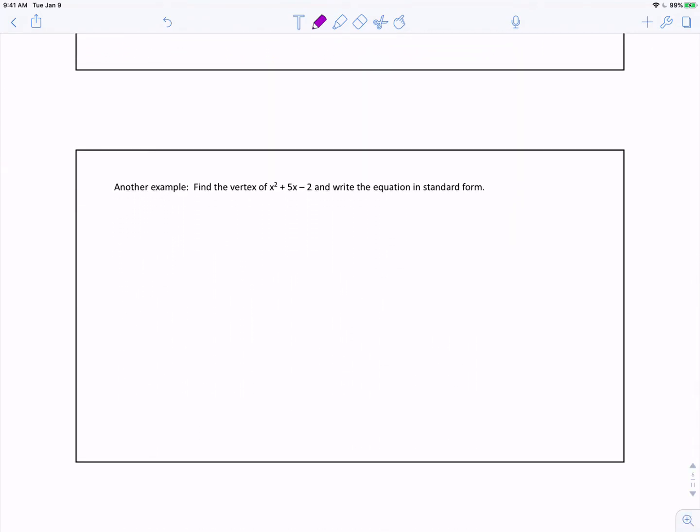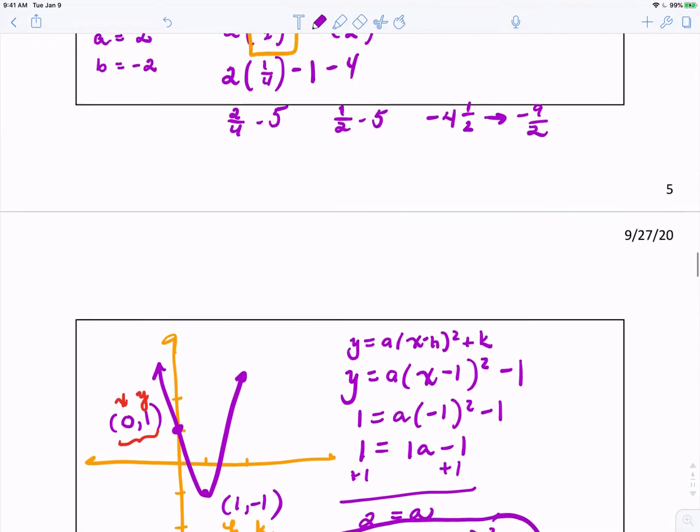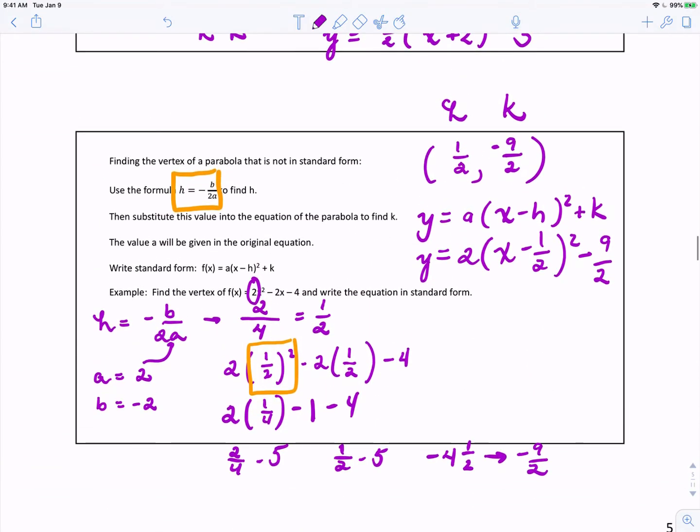Let's do one more example like that. Okay, so let's find the vertex of x squared plus 5x minus 2 and write the equation in standard form. So remember, standard form is y is equal to a times x minus h squared plus k. So the first thing we have to do is find h and k, and we do that by using this formula here.